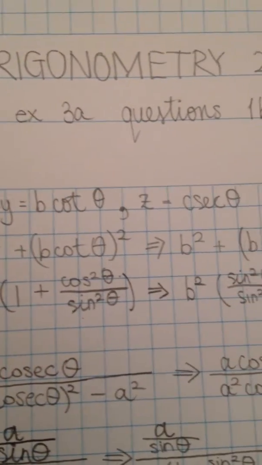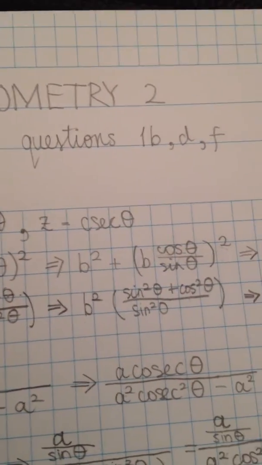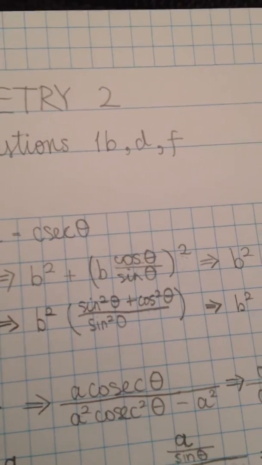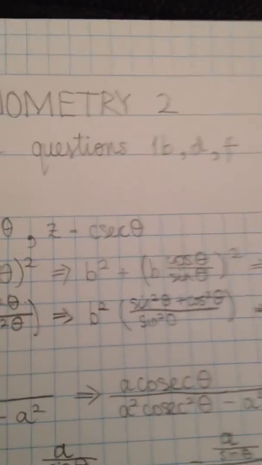Cotangent theta can be written as cos theta over sine theta. And then I left the squared right there.